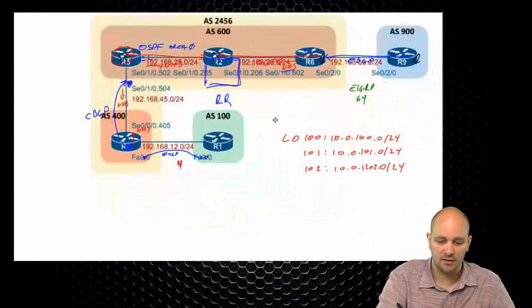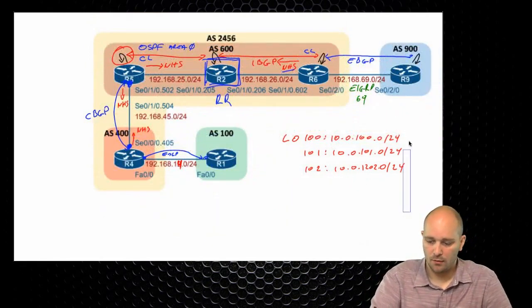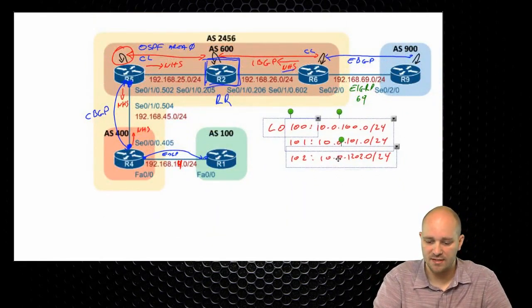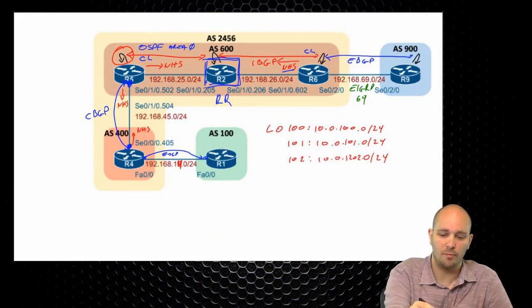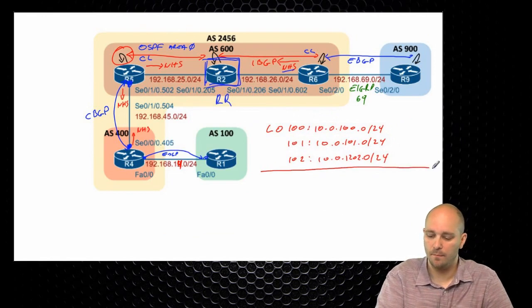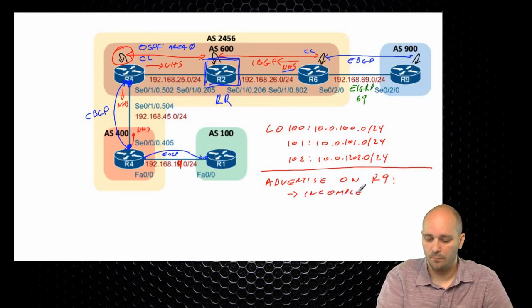So I want to create these loopbacks. Oops, that is not exactly what I wanted. So I want to create these loopback interfaces here, and I want to advertise these loopbacks into BGP, making sure that they have incomplete origin on all routers.